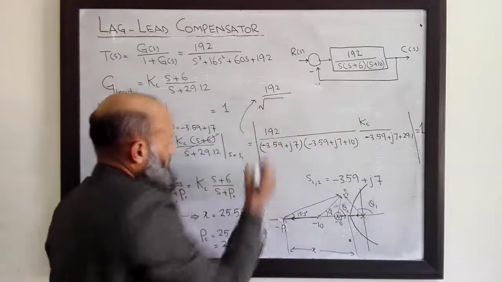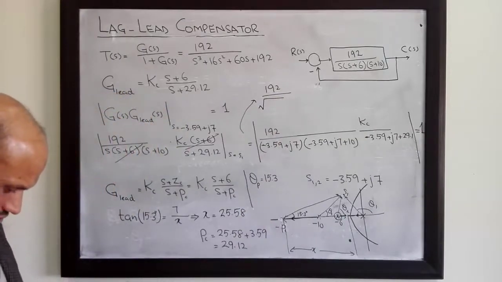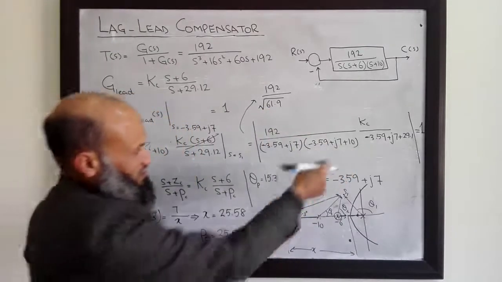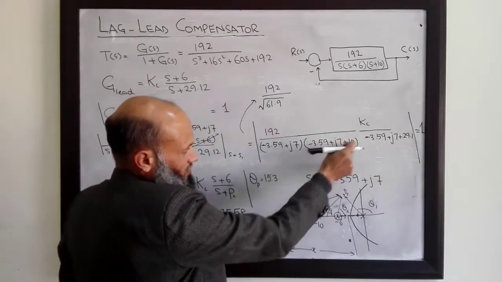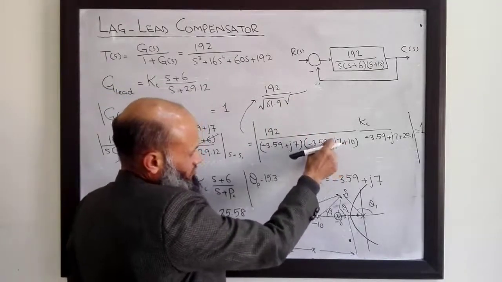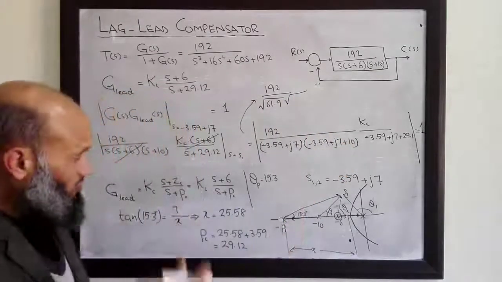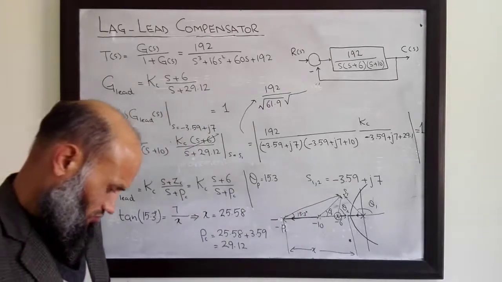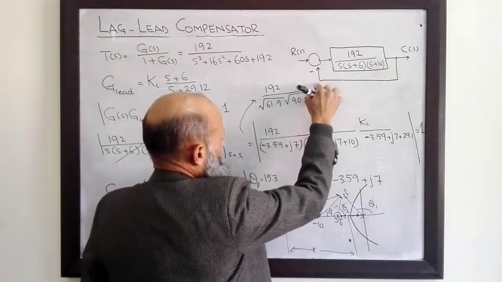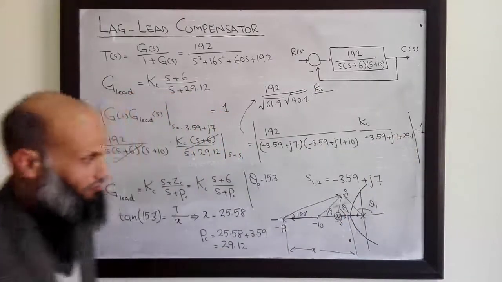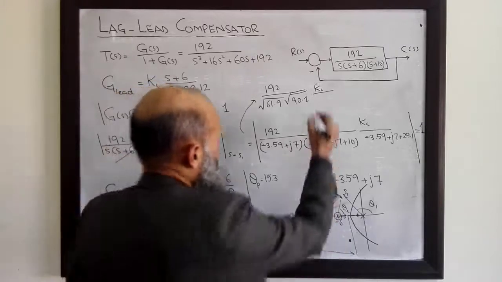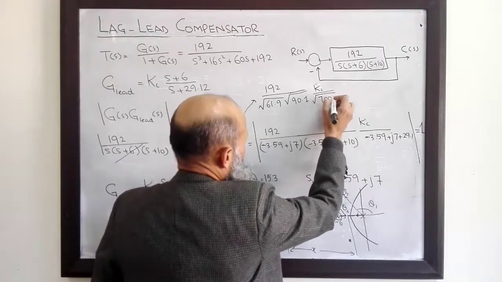So that is equal to 61.9, and then the absolute value of this is equal to the real part, which is 10 minus 3.59, square of this real part plus square of the imaginary part, whole square root, that is equal to 90.1, and then Kc over the absolute value of this complex number, which comes out to be equal to the square root of 700.8.